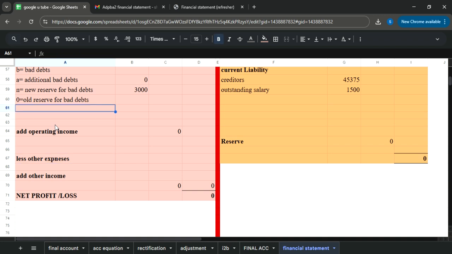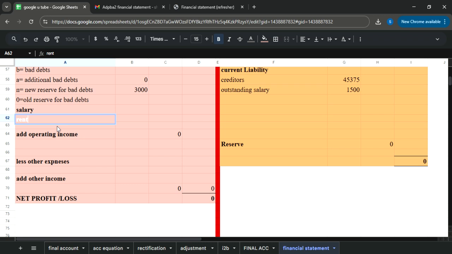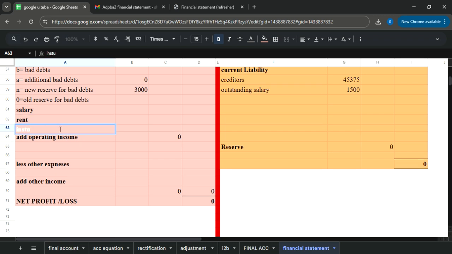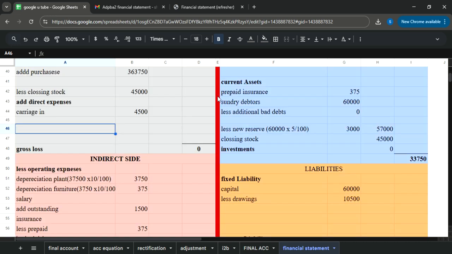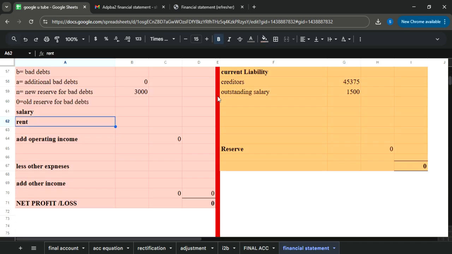First we have salary, then we have rent, and then once again insurance was already written. So we have salary 21,000. Just put the amount of salary 21,000.